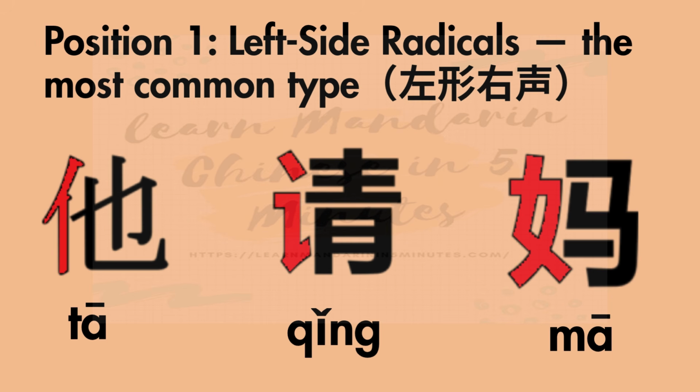Ma, the woman radical 女 connects to feminine or family words. So when you see a radical sitting on the left, it is almost always giving you the meaning, while the right side handles the sound.